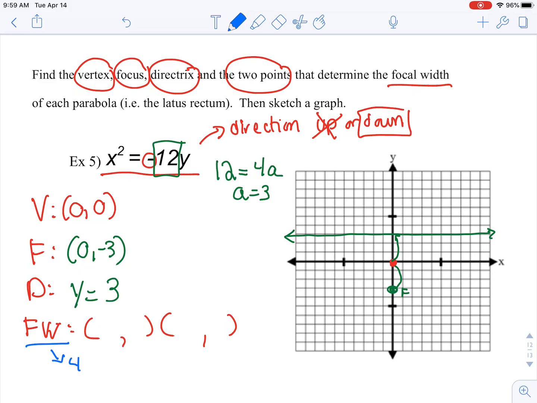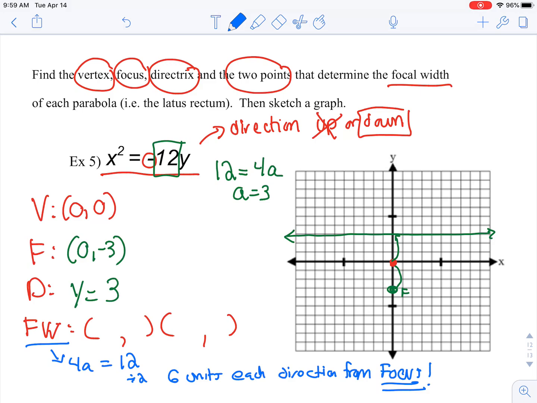Last thing I need then is my focal width. We know that the focal width is 4A units, and we know that 4A in this case is 12. That means we have to divide that in half and go 6 units each direction from the focus. Apologize here.